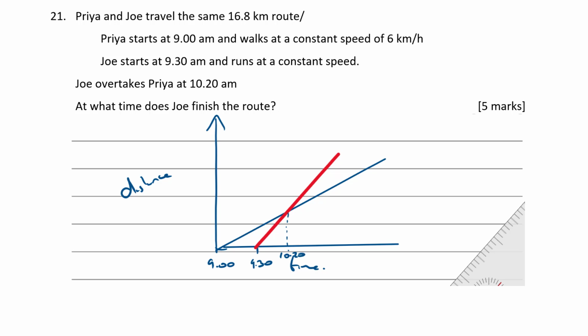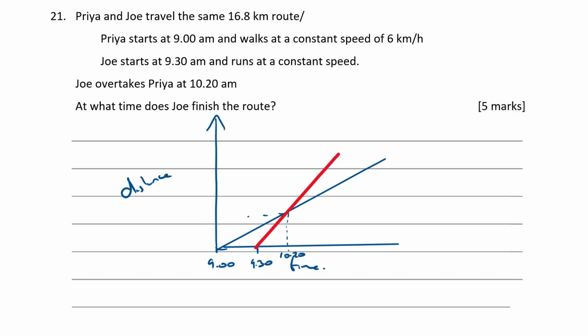Okay. So what we need to do from that is work out how fast he's going, and therefore how long it's going to take him to finish the route. So looking at this diagram, what I want to do is work out that value there, how far they'd both travelled when Joe overtakes Priya.